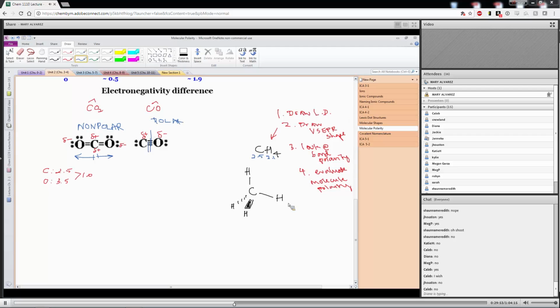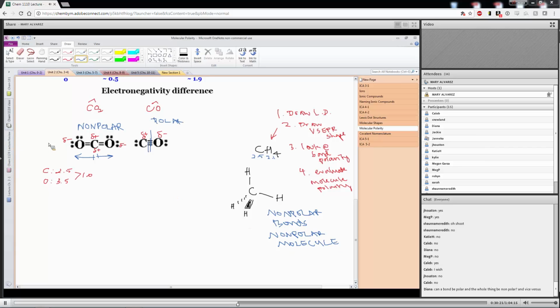So one thing we find is that if we don't have any polar bonds, then I can't have a polar molecule. Because the whole point of being a polar molecule is that the charges from those bonds add up. So no polar bonds, not a polar molecule.